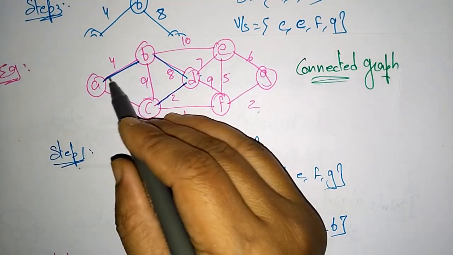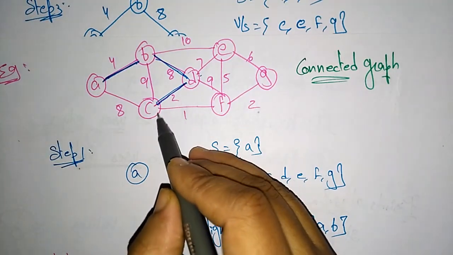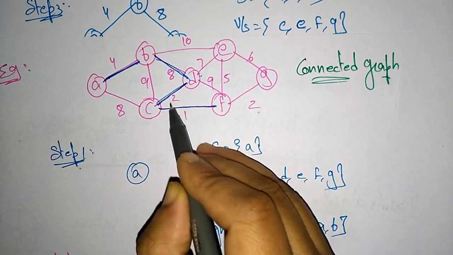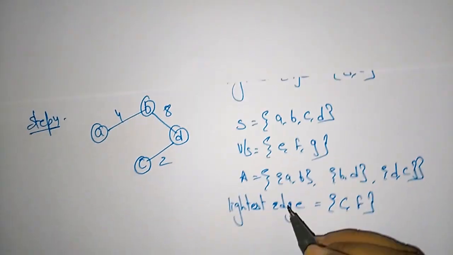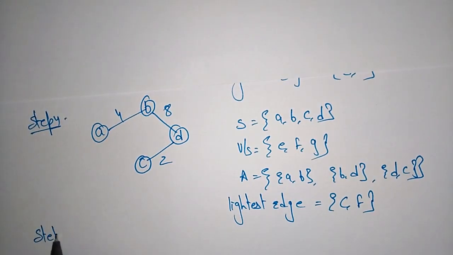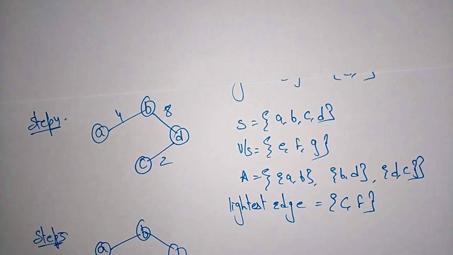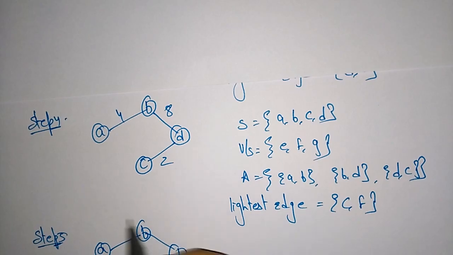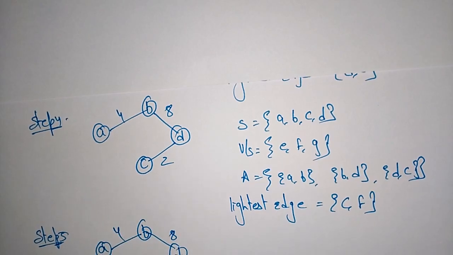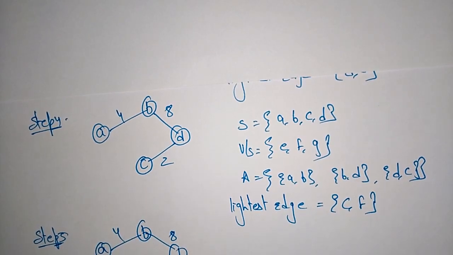So we have to select AB, BD, DC and CF. So in step 5, let's write the graph: AB, BD, DC and CF, 4, 8, 2 and this is 1.